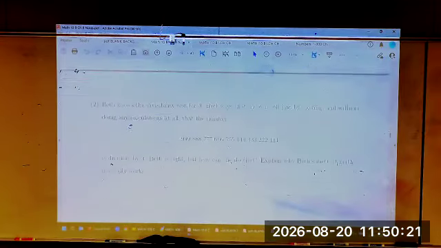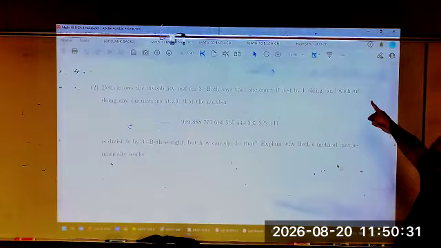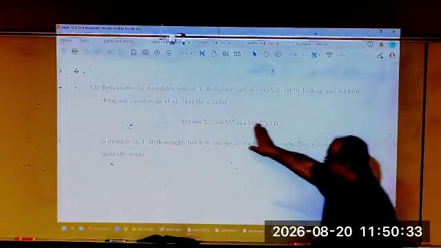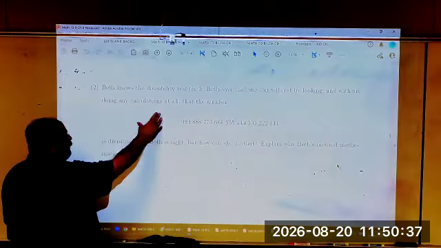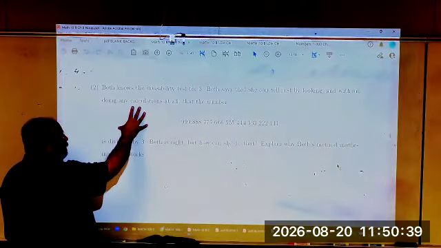This one, right. Beth knows the divisibility test for 3. Beth says that she can tell just by looking at this number, without doing any calculations at all in her head.